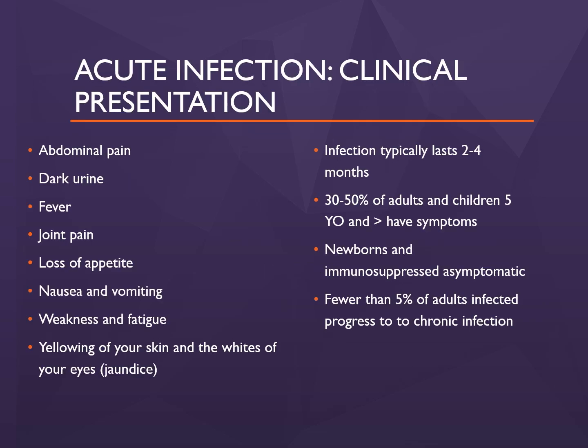So what does an acute hepatitis B infection look like? These patients have abdominal pain, dark urine, fever, joint pain, loss of appetite, weakness, and fatigue. Very common symptoms that can be many disease processes. But if your patient presents with that, you want to make sure that you're ruling out hepatitis B.